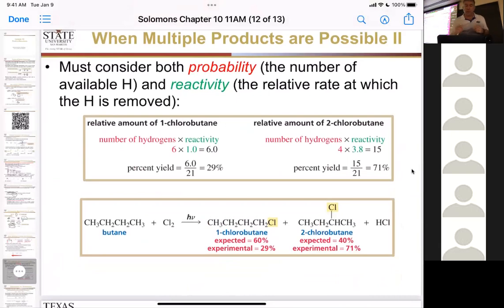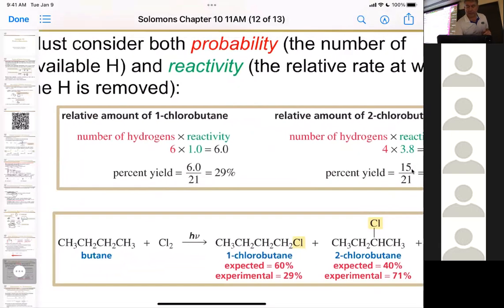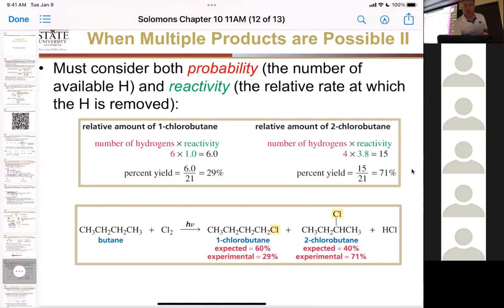In this same reaction, we have a total of 6 hydrogens that are going to make those primary radicals, and we have 4 hydrogens that can make the secondary.